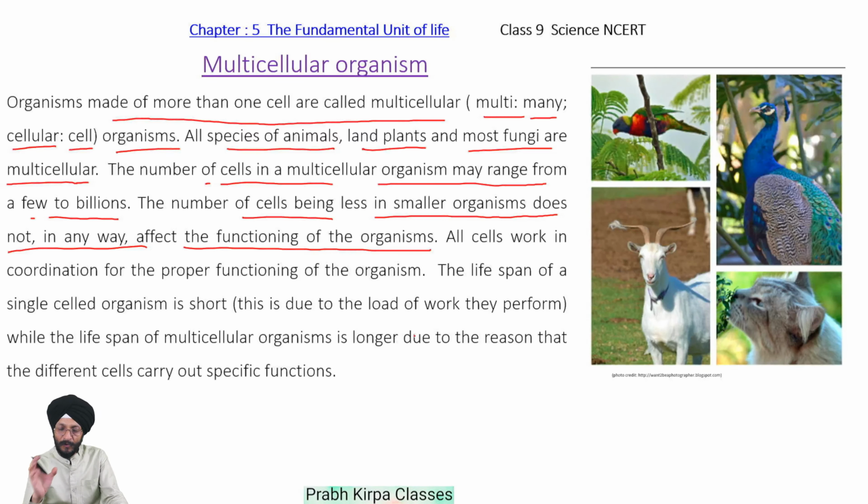The functioning of the organism remains okay. In smaller organisms, cells may be fewer. In large organisms like elephants, the cells may be more. All the cells in a multicellular organism work in coordination for the proper functioning of the organism.